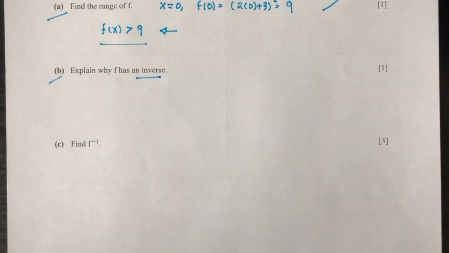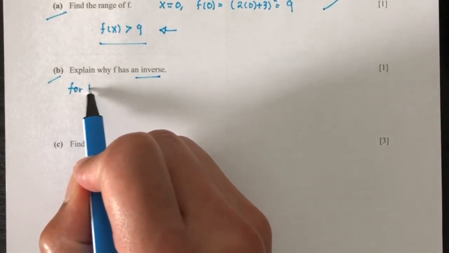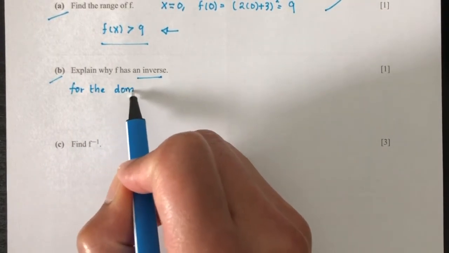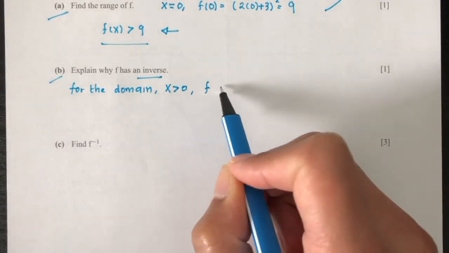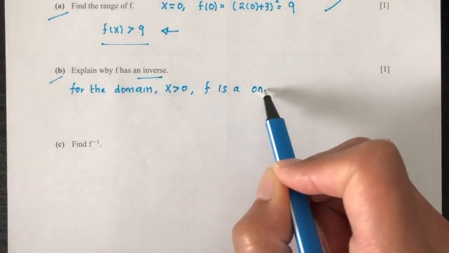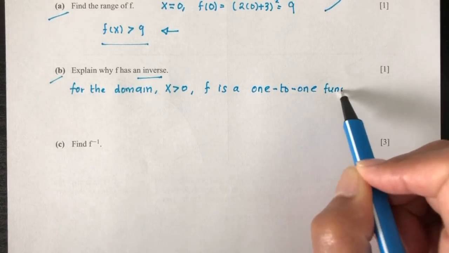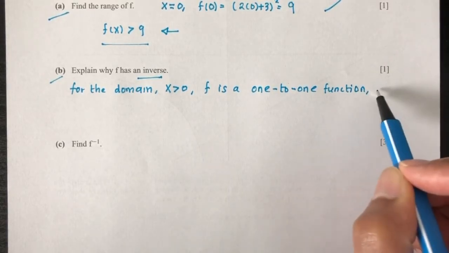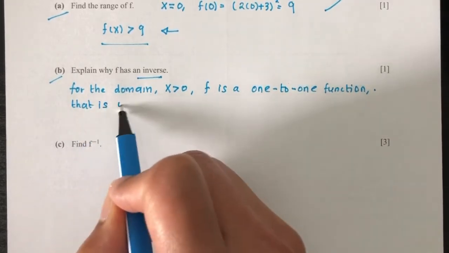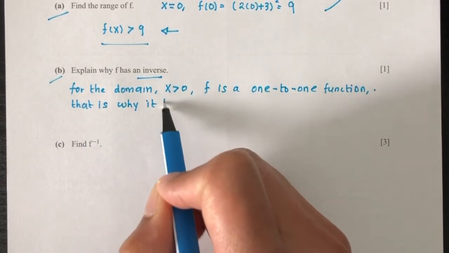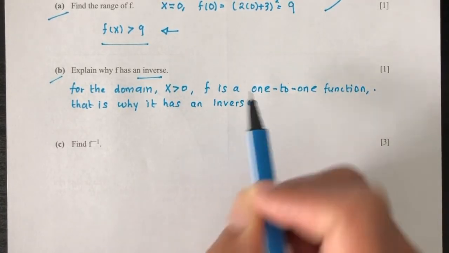The reason why it has an inverse is because for the domain x more than 0, f is a 1-to-1 function. So that is why it has an inverse.